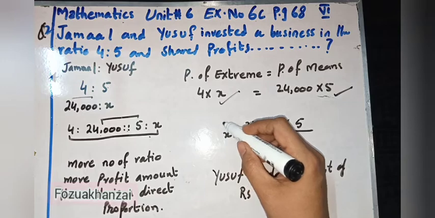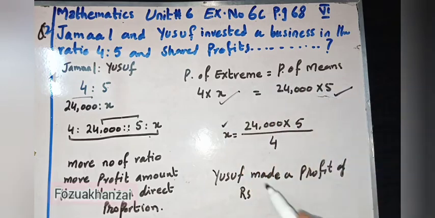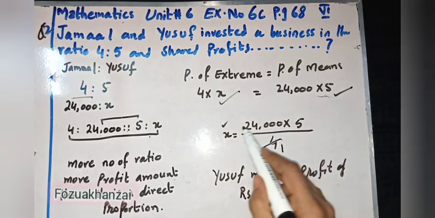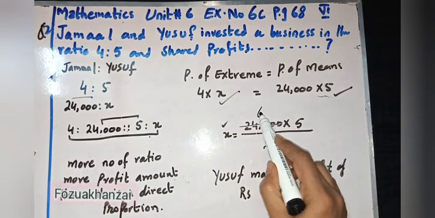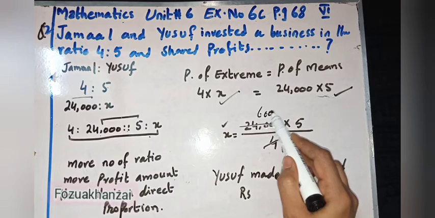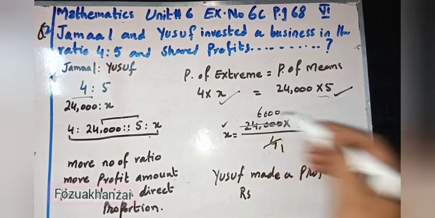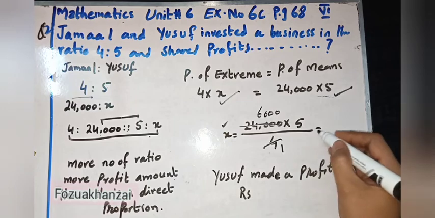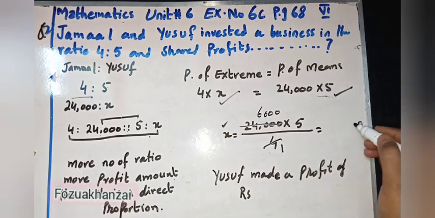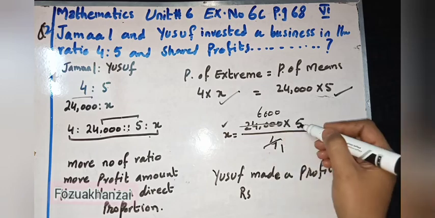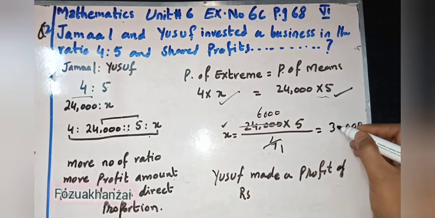Find the profit amount, it's x, suppose x. 4 ones are 4, 4 sixes are 24, 30 as it is, go up. Now 5 multiplied by 6000. 5 sixes are 30.